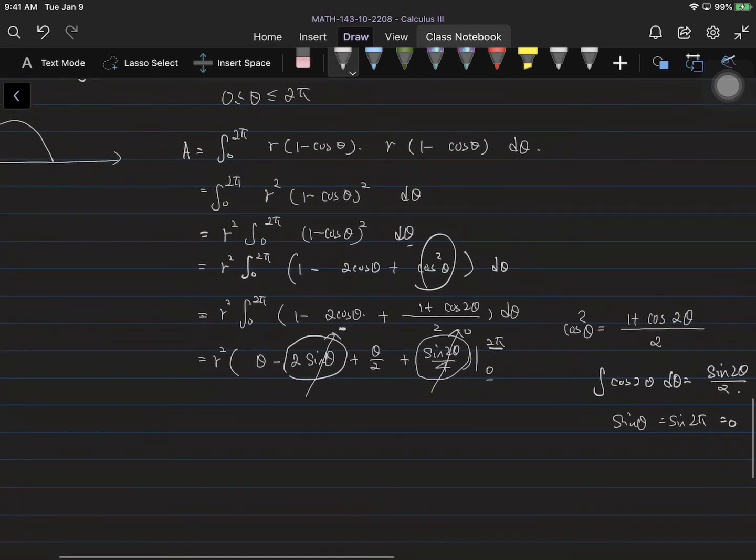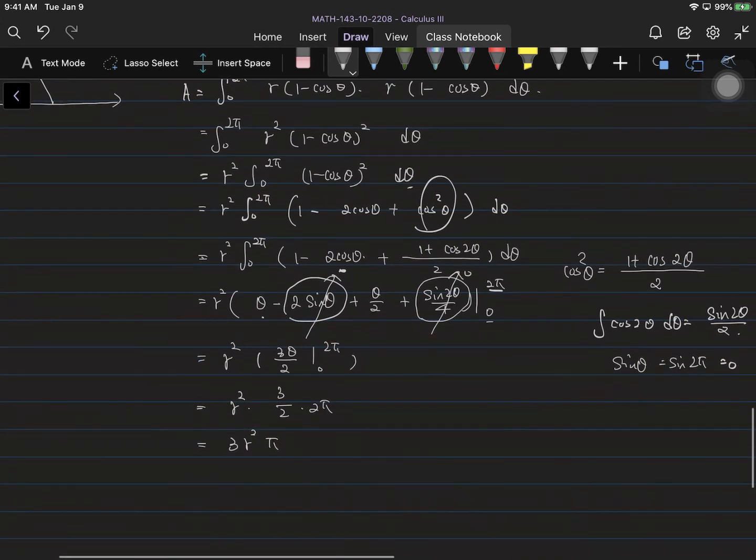So this is going to be r squared, and the theta terms we combine, so 3 theta over 2 from 0 to 2 pi. When we evaluate this, r squared times 3 times 2 pi over 2, simplify, so 3 r squared pi is the final answer. Okay, the area under the curve.